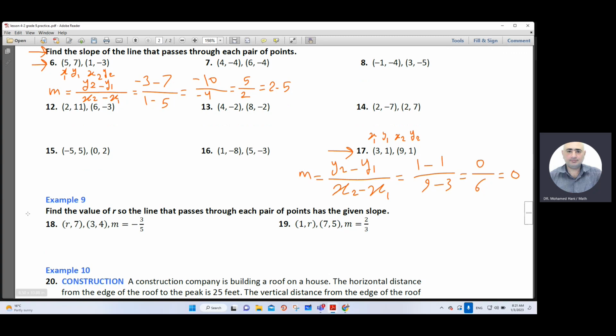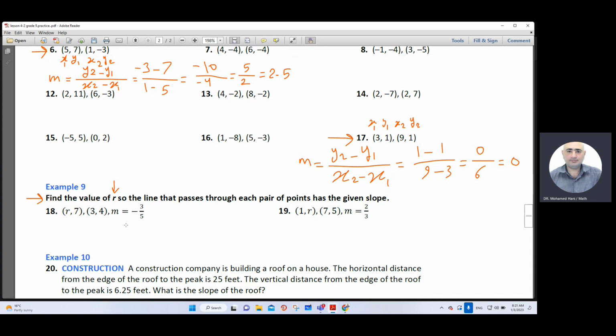But the question now, find the value of r. We have a variable here, an unknown number, r. So the line that passes through each pair of points has the given slope. We have 2 points, but the value of x here is unknown, and we know the slope. How to find the missing value?